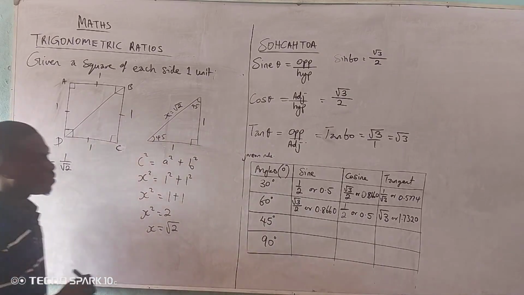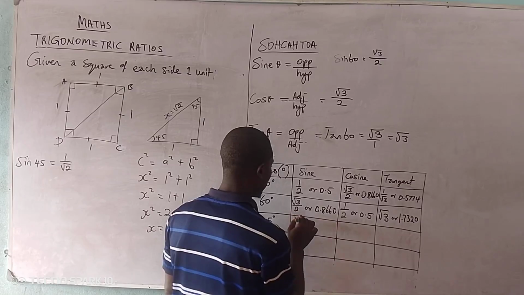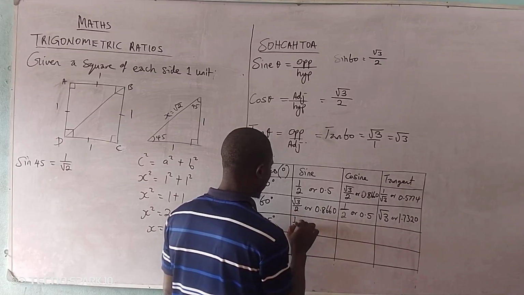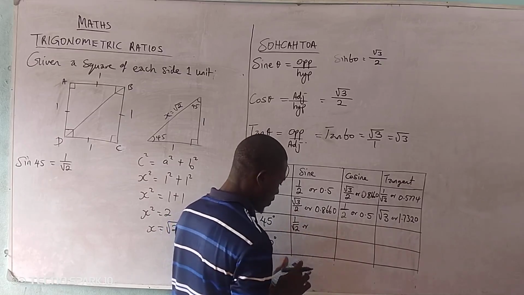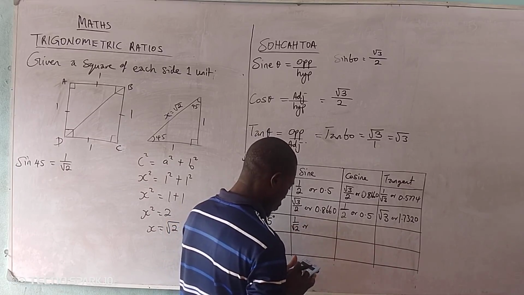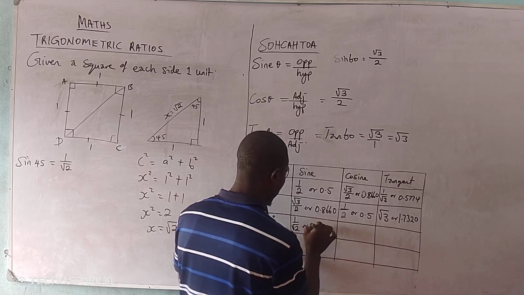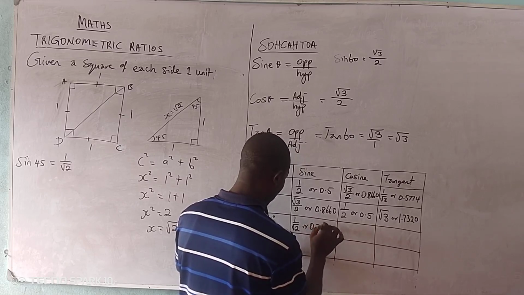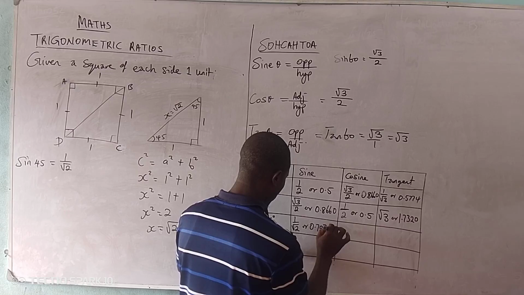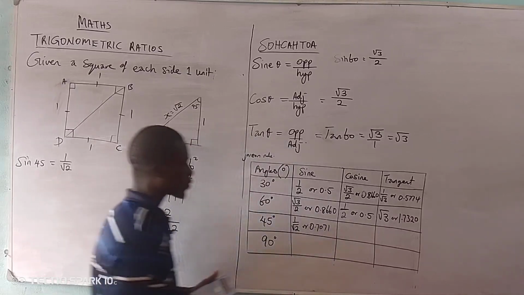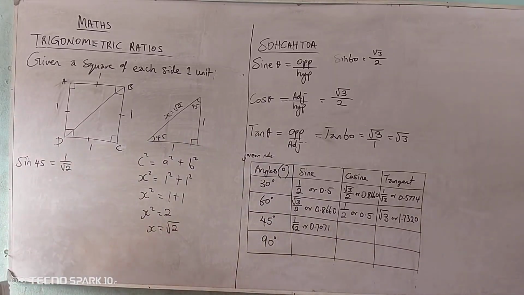That is the sine 45. In decimal, 1 divided by root 2 gives us 0.7071. That is for sine 45.